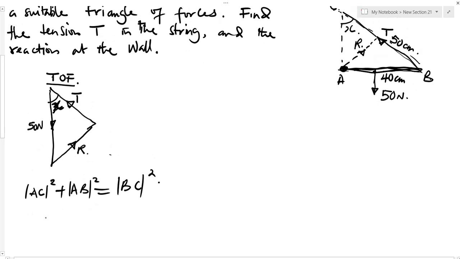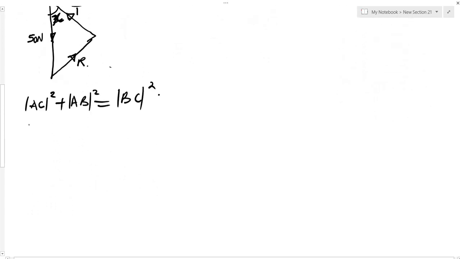Now, we don't know the length of AC. The length of AC square will now be BC square minus AB square.